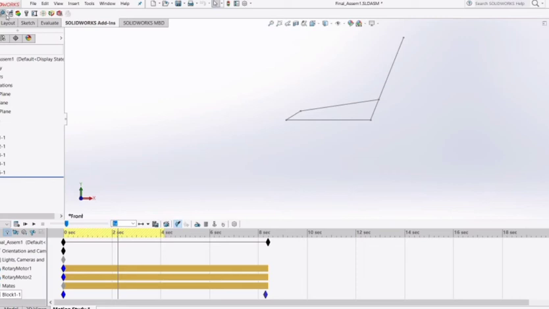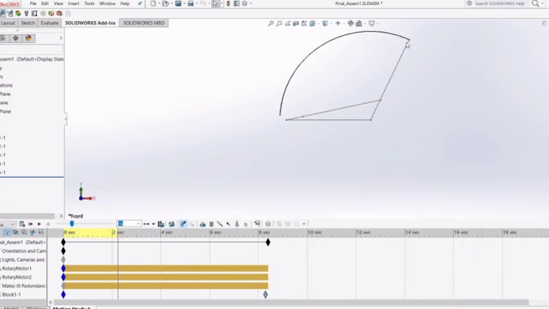For motion analysis, we need to include SolidWorks Motion. It's taking some time. For the motion analysis, this is the traced path. See, this is how the simulation works. I have set the motor speed to 30 rpm.